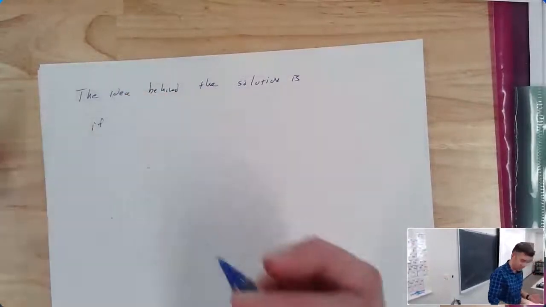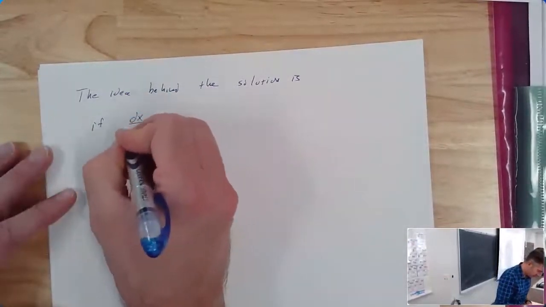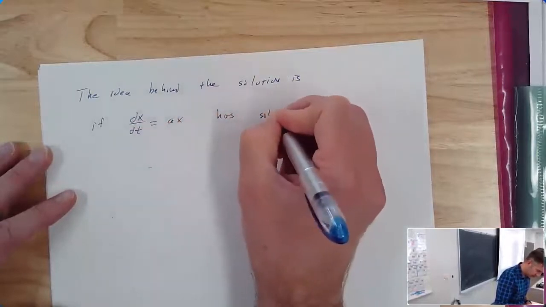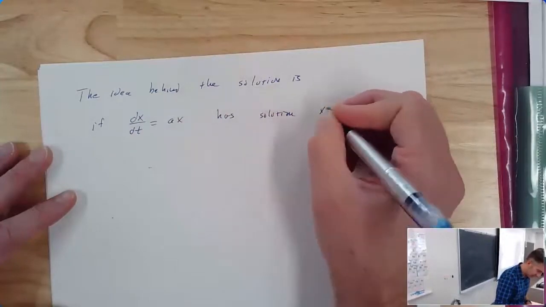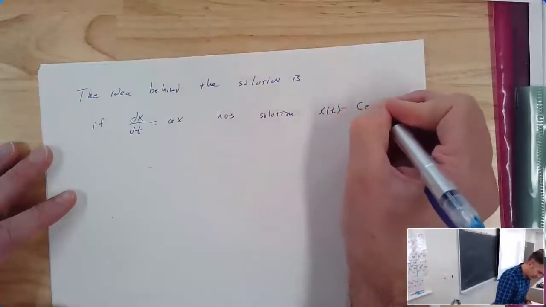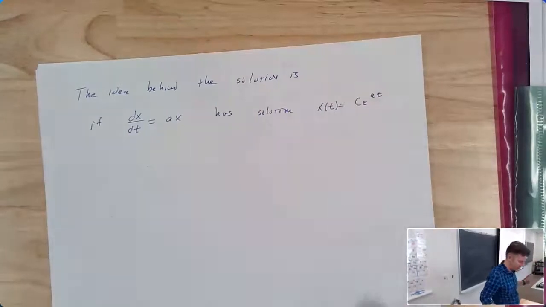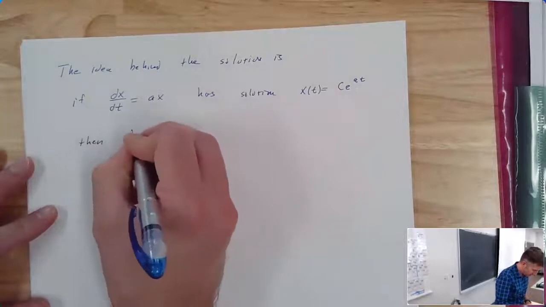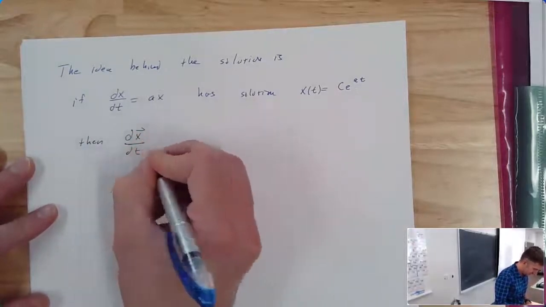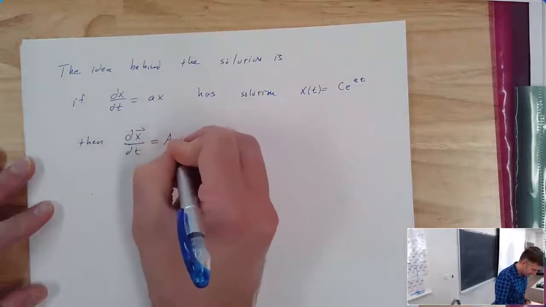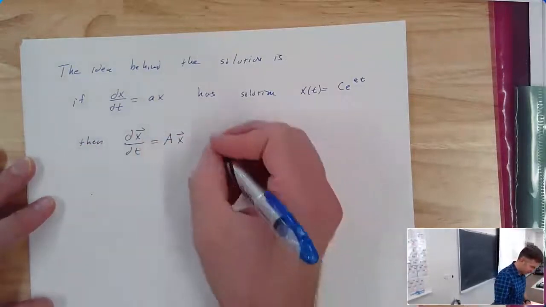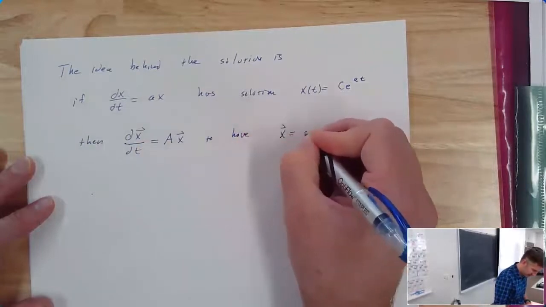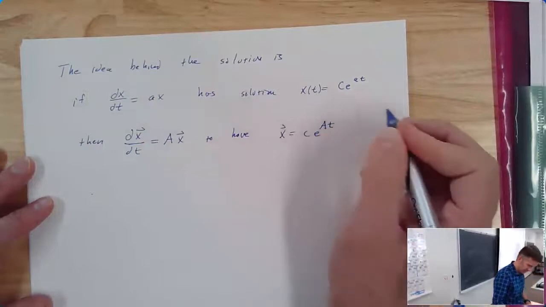If the general differential equation dx/dt equal to a times x has a solution x of t equal to c e to the a times t, just like we saw at the beginning of class today, then it would make sense for the equation dx/dt equal to A times x to have a solution like x equal to c e to the A times t.